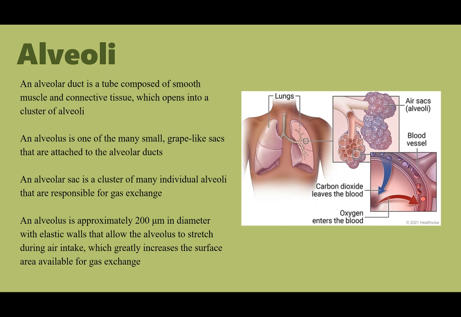So first thing we need to understand is the diameter of the alveolus. The diameter of the alveolus is 200 micrometers, and we just talked about this unit in chapter one, but we don't have an idea how big 200 micrometers is.